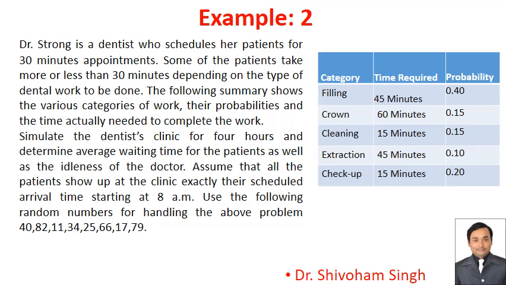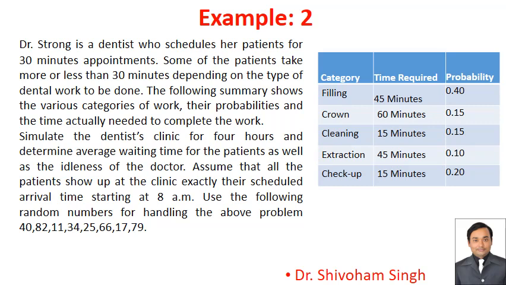Dr. Strong is a dentist who schedules her patients for 30 minute appointments. Some of the patients take more or less than 30 minutes depending upon the type of dental work to be done. The following summary shows the various categories of work, their probabilities, and the time actually needed to complete the work.